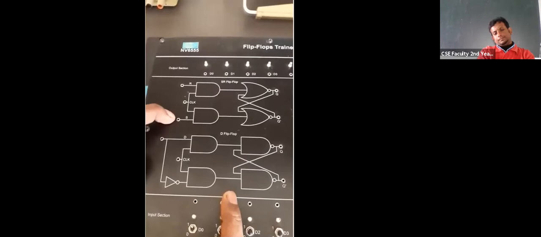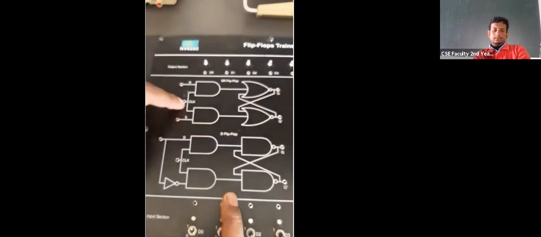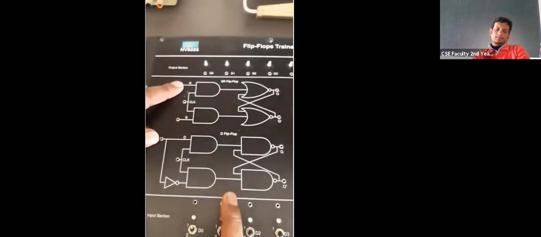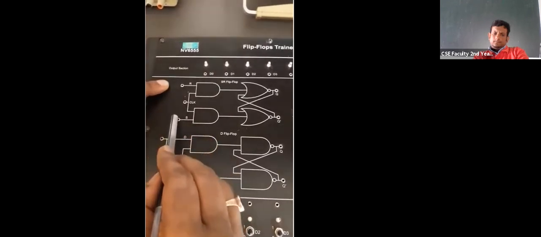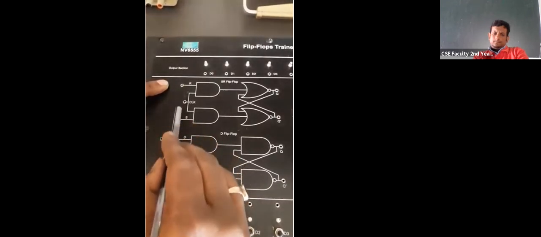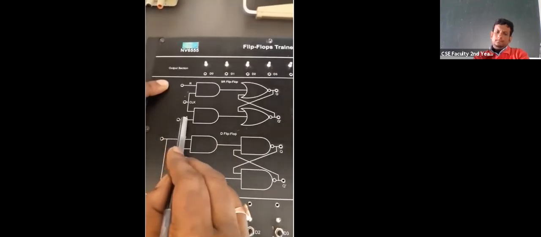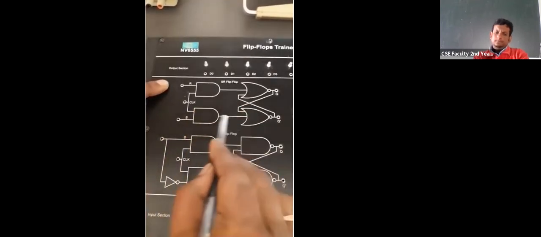So this flip-flop can also be turned into a D flip-flop by placing a NOT gate between these two terminals. This will be the D input, and there will be a NOT gate connected to the S terminal, and then it will become the D flip-flop. This is how we can easily convert the SR flip-flop to a D flip-flop.